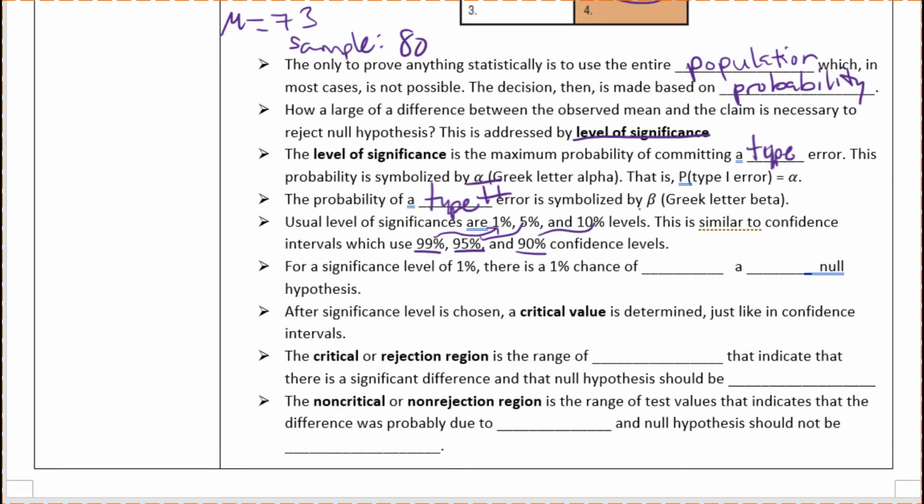So for a significance level of 1%, where alpha is equal to 0.01, there is a 1% chance of rejecting a true null hypothesis. So when you have a significance level of 1%, if you reject the null hypothesis, there is a chance that you're rejecting a null hypothesis that is true, okay? And that is why we call alpha a type 1 error, okay?